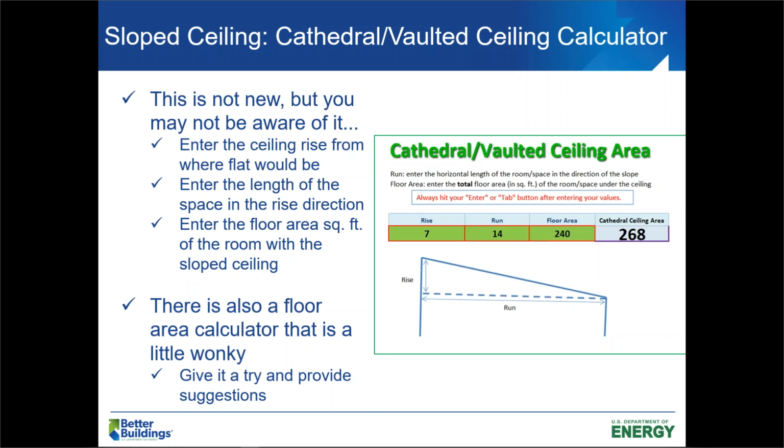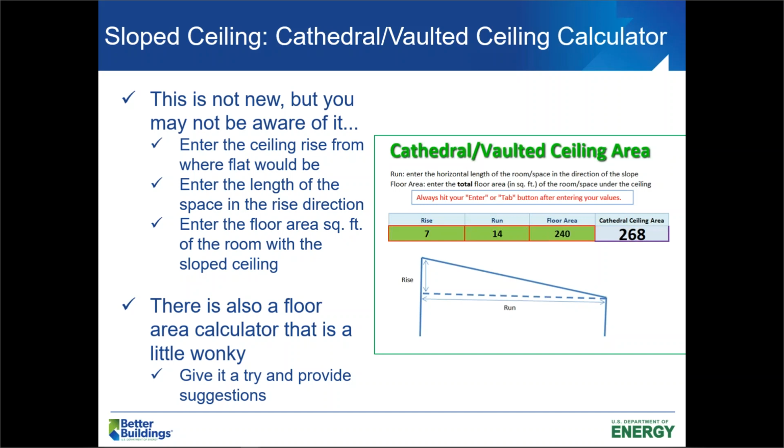If you put in what's called the rise, the height between the flat and the peak, and then the run, the distance from the outside wall to the peak, and then the floor area for that room, it will tell you what the sloped ceiling area is. You should then be able to take that value and put it into Home Energy Score.